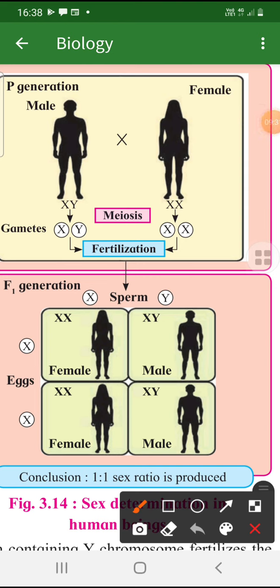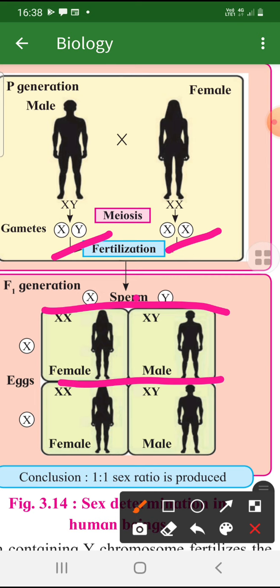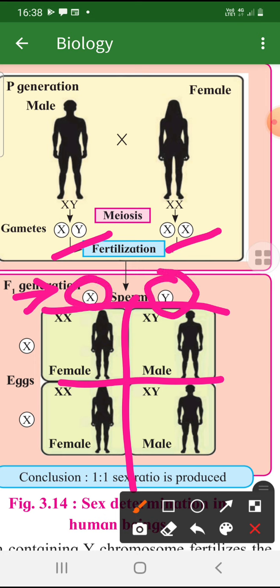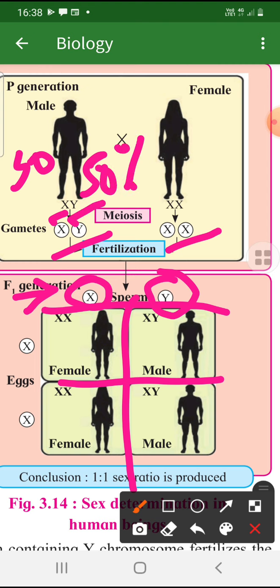So determine the sex of the child using the Punnett square. Then you have to draw it like that. For the parents you will make male XY, female XX, and show gamete formation. Then you will draw this Punnett square wherein you write male on top. The male's gametes are, one is X sperm, another is Y. So we have 50% X chromosome, whereas the remaining 50% is Y chromosome.